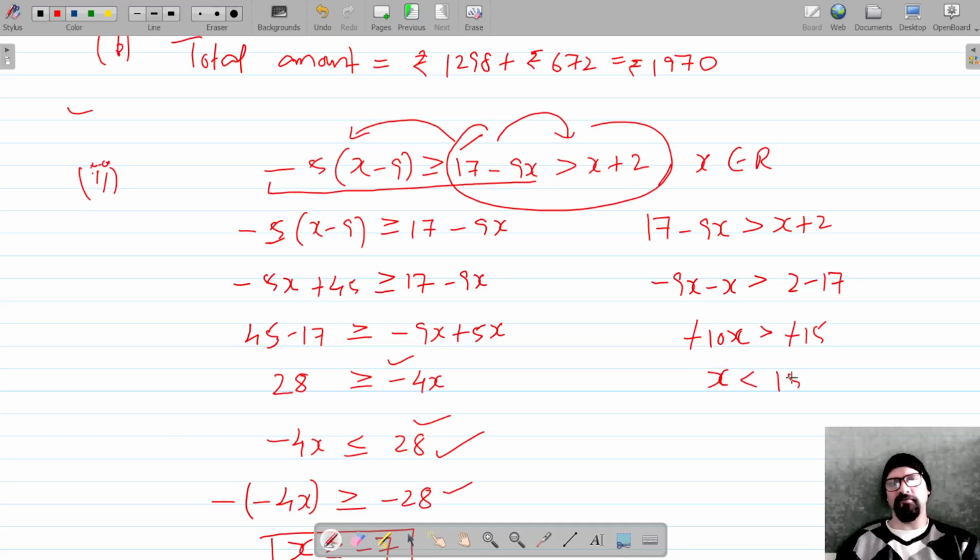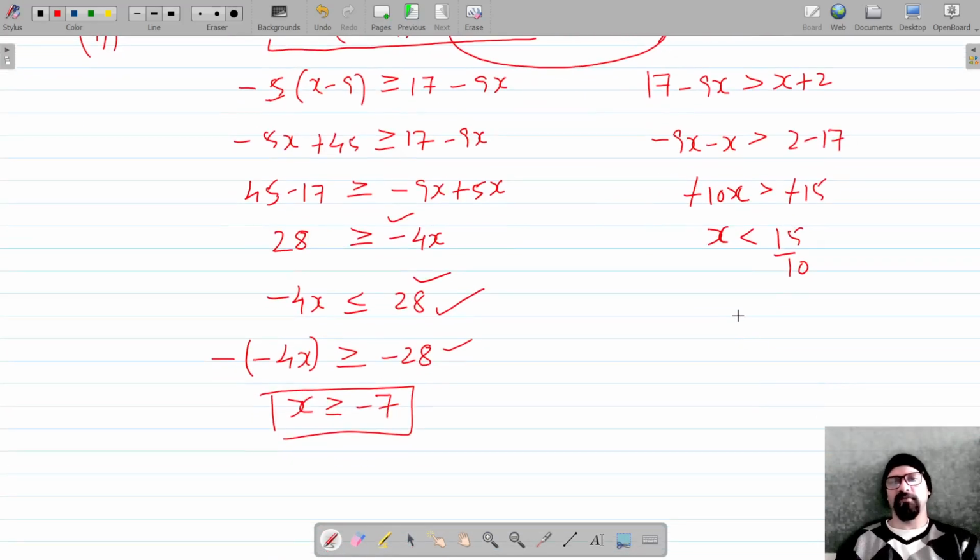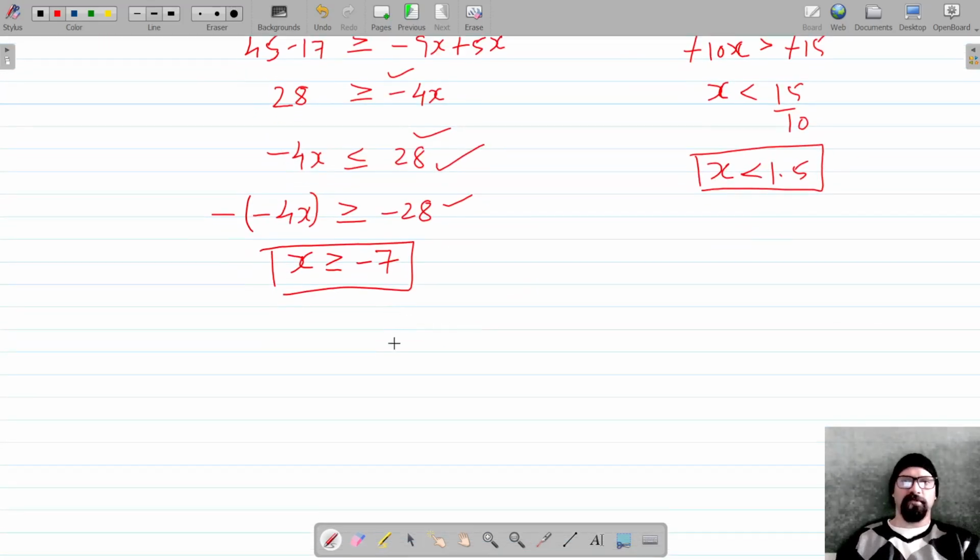It's now x less than 15 by 10, so x is less than 1.5. So our solution set is x greater than or equal to -7, since -7 is included because of the equal to sign, but less than 1.5. So this is our solution set.